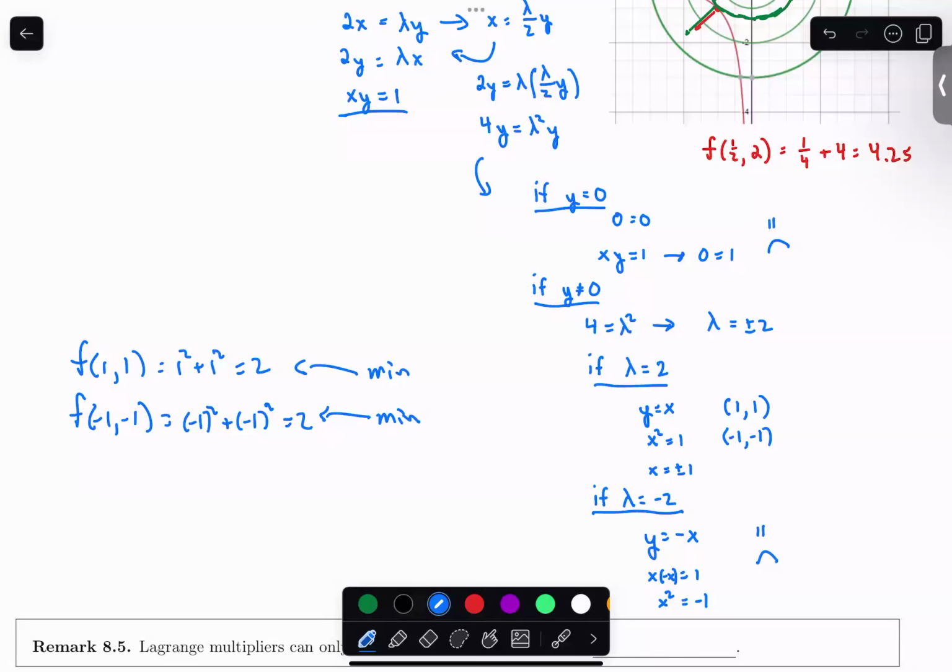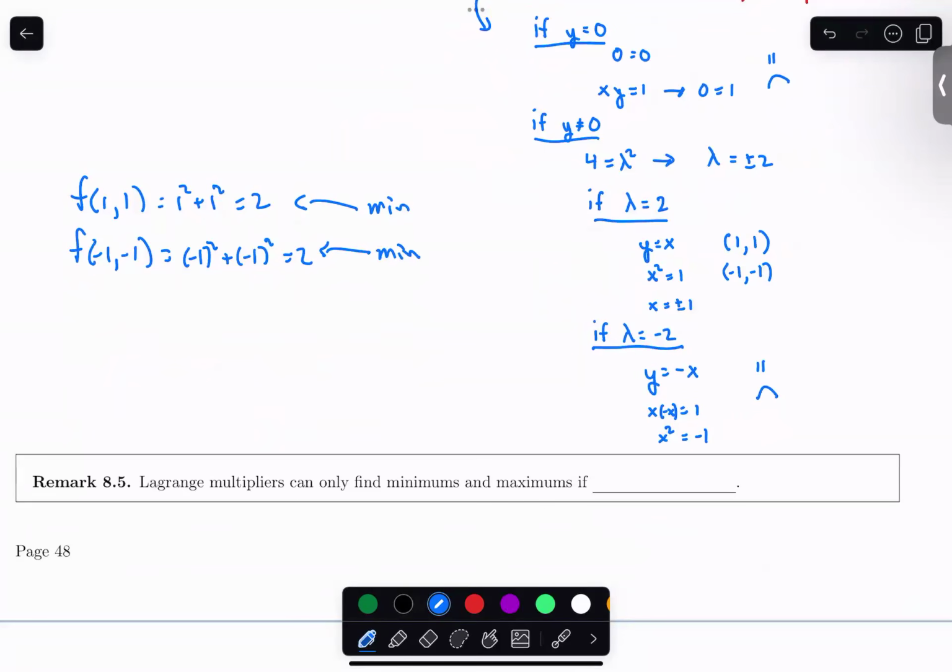So all this to say, Lagrange multipliers can only find minimums and maximums if they exist. We did not start 14.8 with the extreme value theorem, right? The extreme value theorem guarantees when we have an absolute minimum and an absolute maximum.